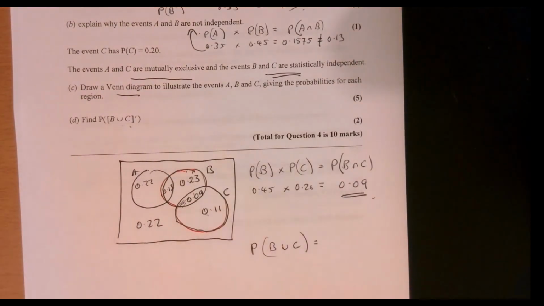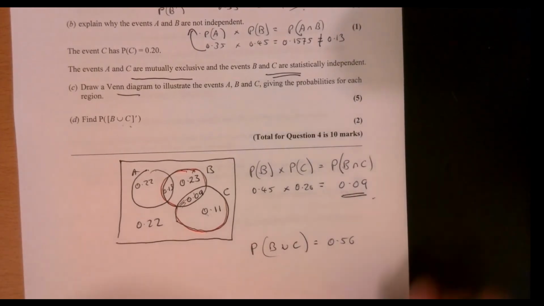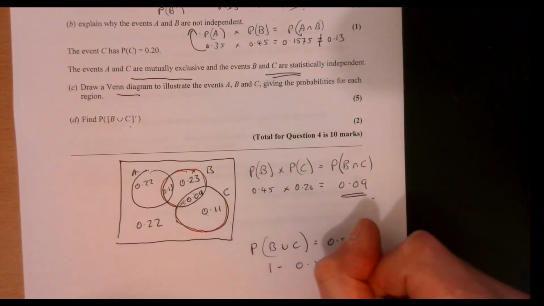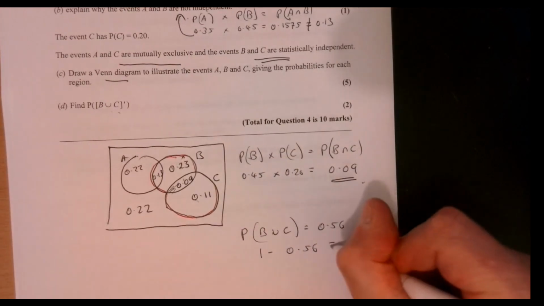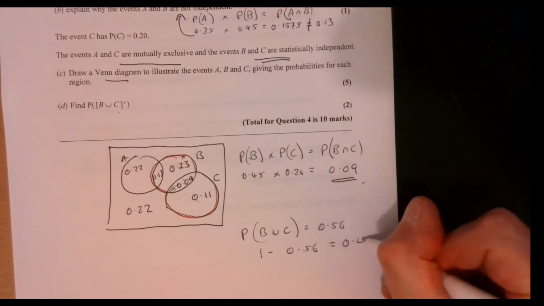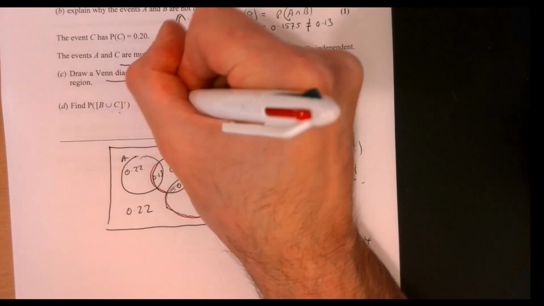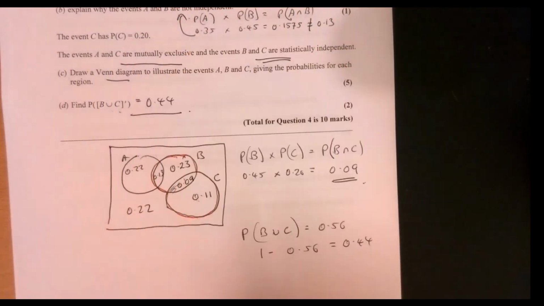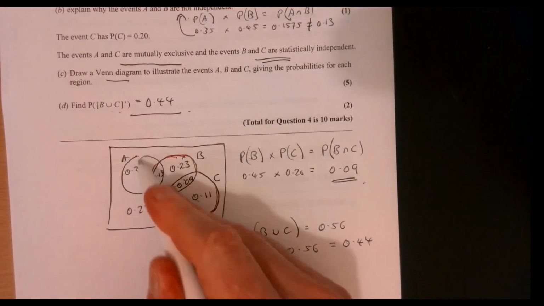So B union C, if you add those together, that's 0.56. So 1 minus 0.56 gives you 0.44. And in doing that, I just realised I could have just added those guys together.